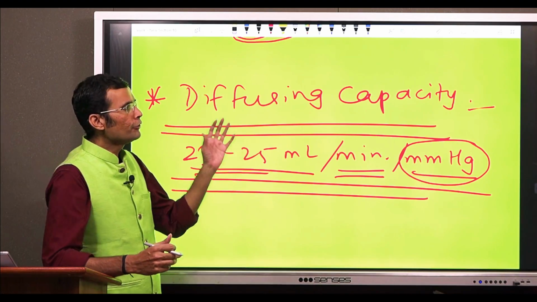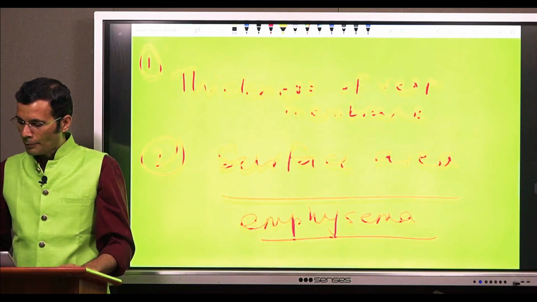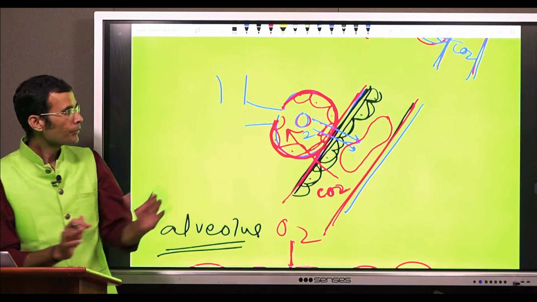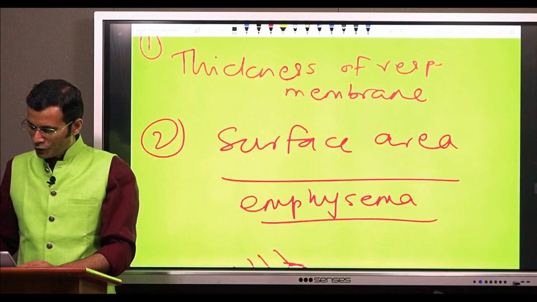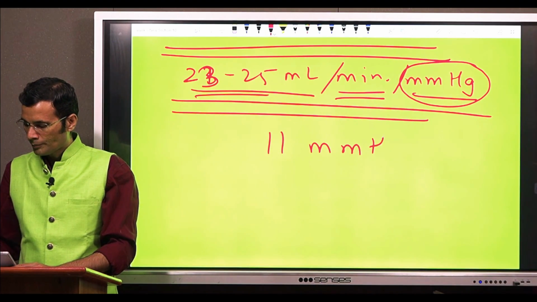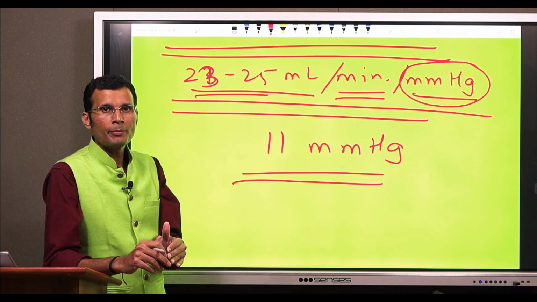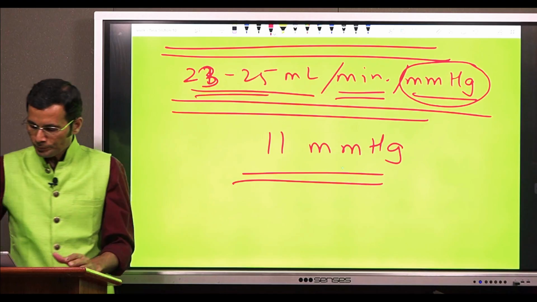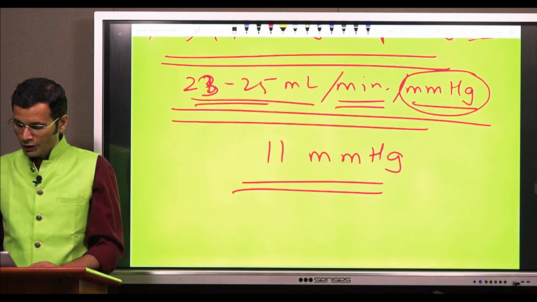Normal alveolo-capillary pressure gradient, from alveolus to the pulmonary capillary blood, for oxygen is said to be about 11 mm of Hg.